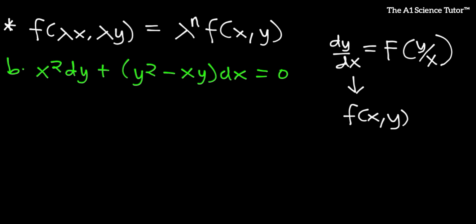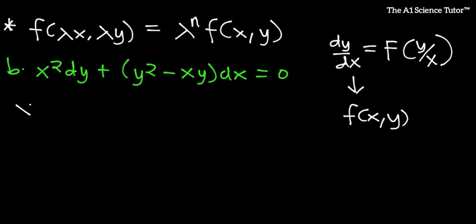So first thing I need to do, I need to take dy dx and have it appear in this equation. So how am I going to do that? I have dy here, and here I have dx. So what I need to do is take dx and divide it through each term within this equation.